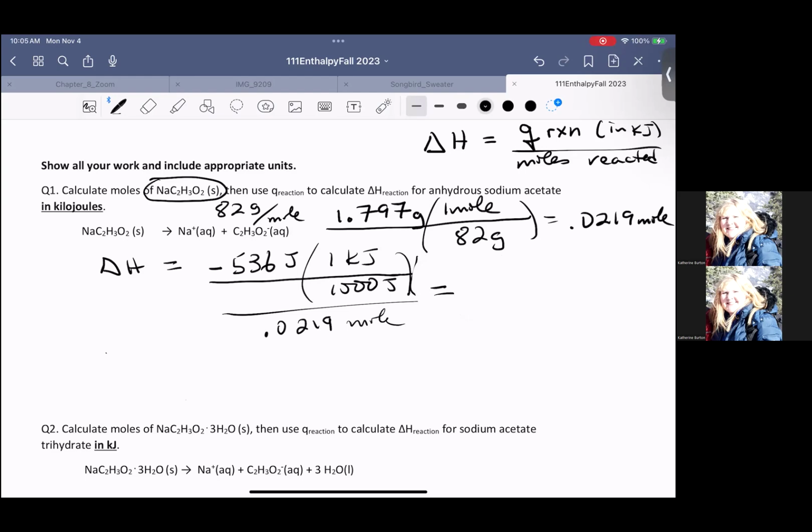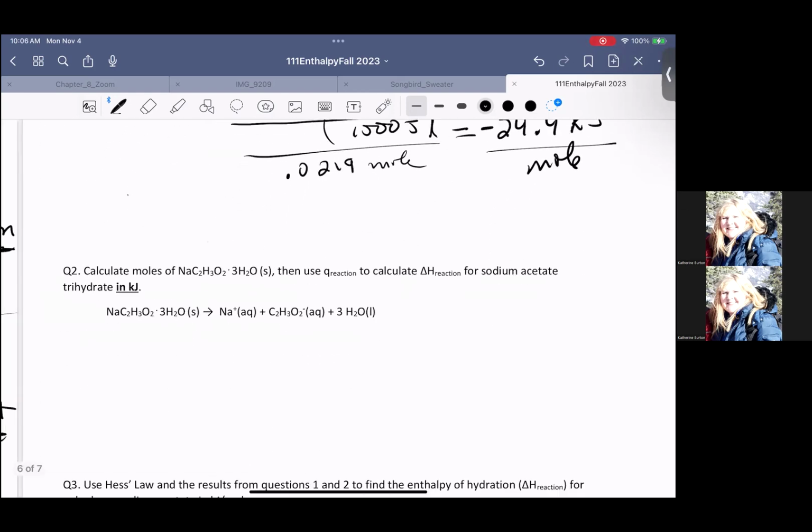My delta H here is going to work out to be 24.4, 24.5 kilojoules per mole. Because this is a negative value, this is going to be a negative there as well, and we're going to keep track of this.